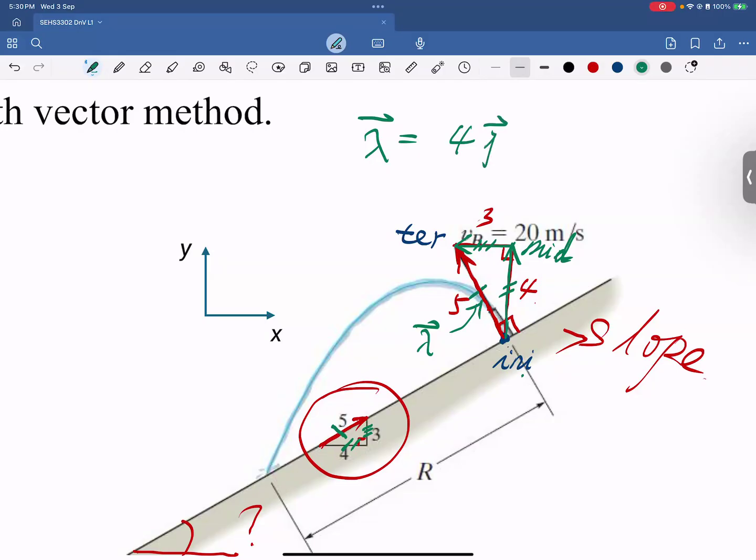And second step, from middle to terminal is 3. 3 because it moves negative to the x-axis, so opposite to x positive. So it is negative i.